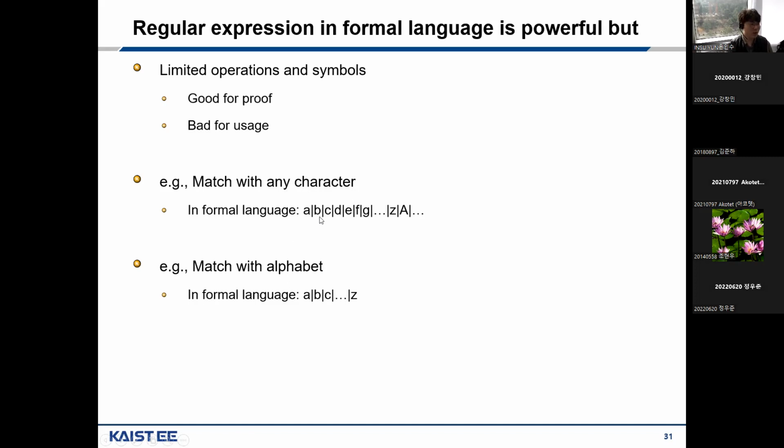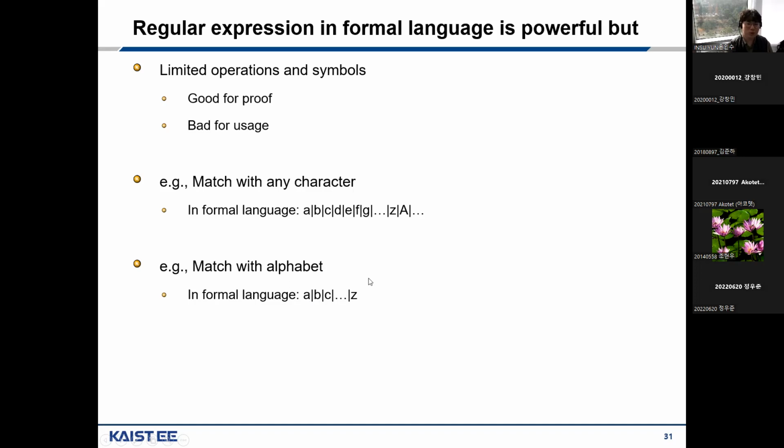You should put A or B or C or D, and so on, uppercase A or B, and then you can make a regular expression that matches any character. And for example, if you want to match with the alphabet, you need A or B or C and so on until Z. So this is very tedious.